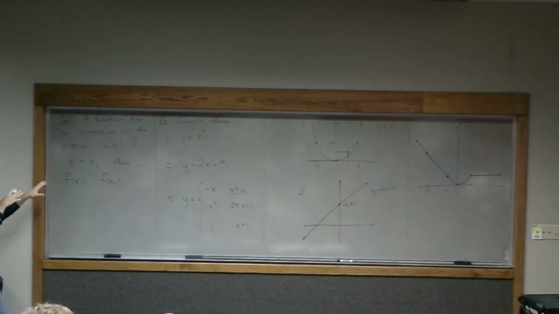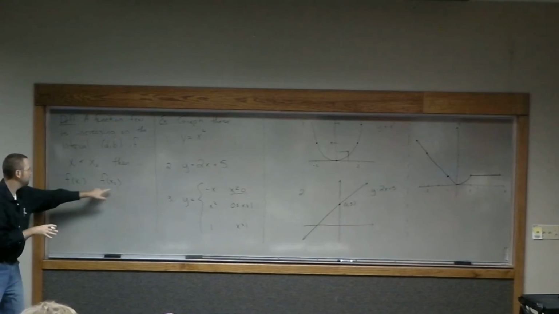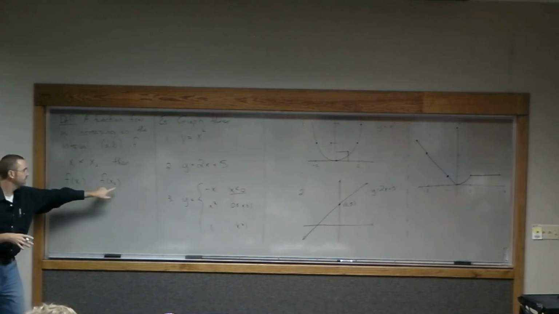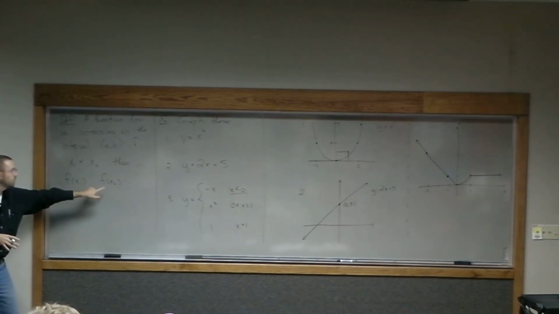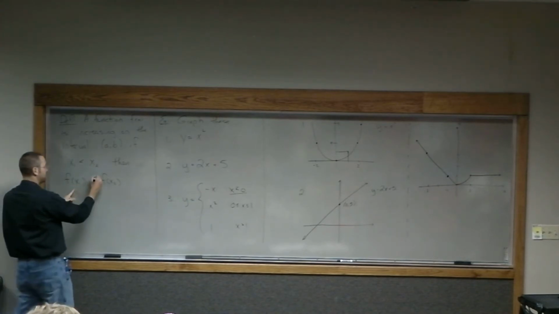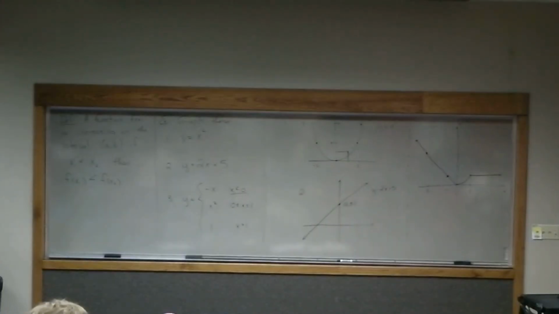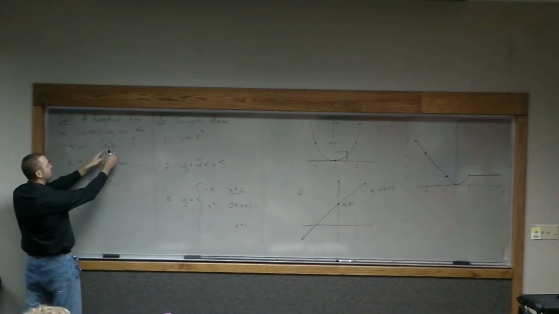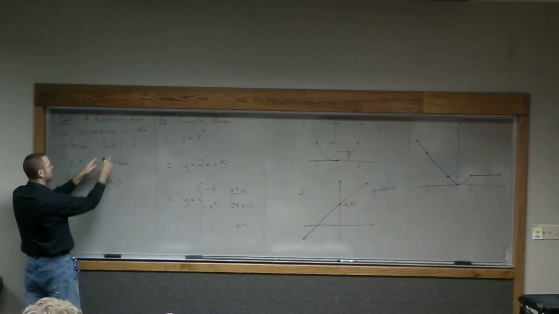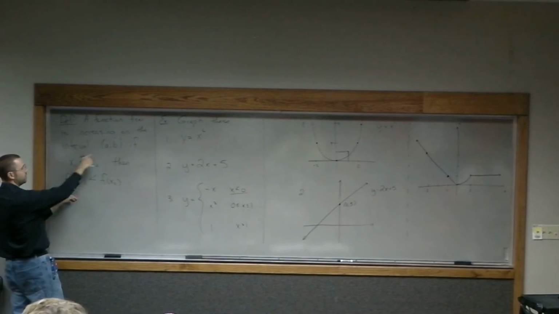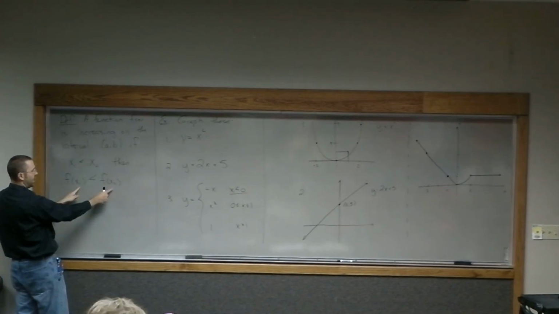If it's increasing, what's the relationship between f of x1 and f of x2? f of x1 is going to be less than f of x2. This is our definition of increasing on the interval a to b. If x1 and x2 are in this interval, then this function is increasing here if it has this property.